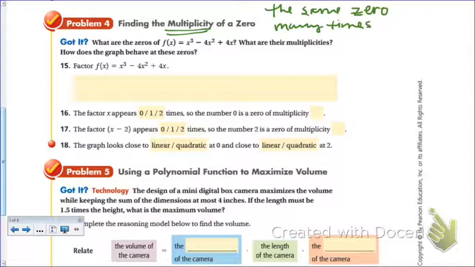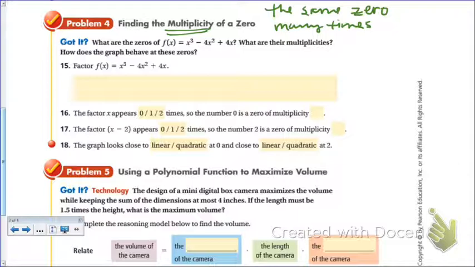The multiplicity itself is how many times it does show up. So it says, what are the zeros of the polynomial x to the third minus 4x squared plus 4x? What are their multiplicities and how does the graph behave at these zeros?